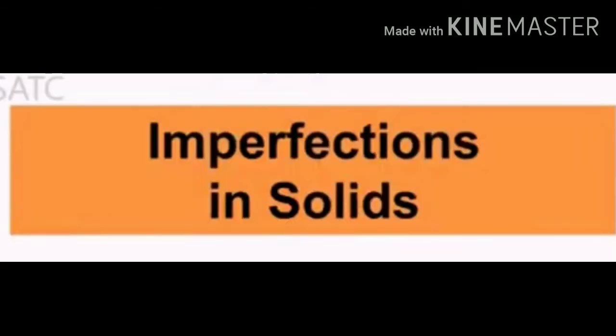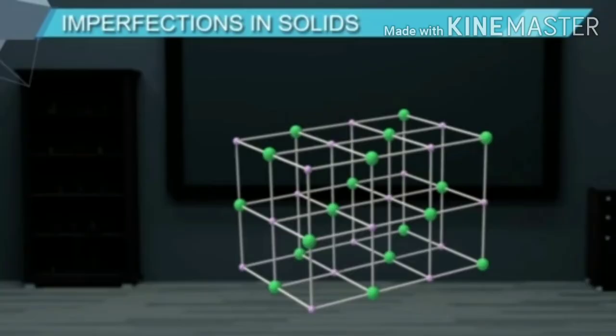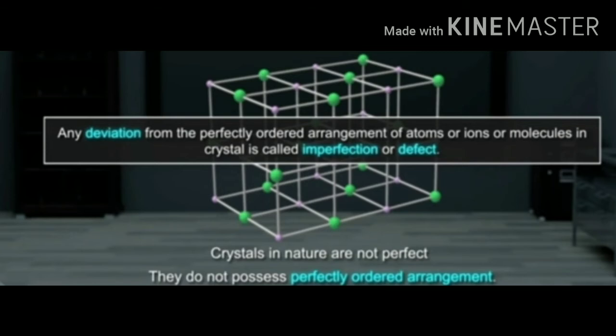Next, we move on to another topic of this chapter, imperfections in solids or defects in solids. What do you mean by imperfection or defects? The crystals are in a perfectly ordered arrangement. That is only theoretical. In practice, they do not possess a perfectly ordered arrangement.